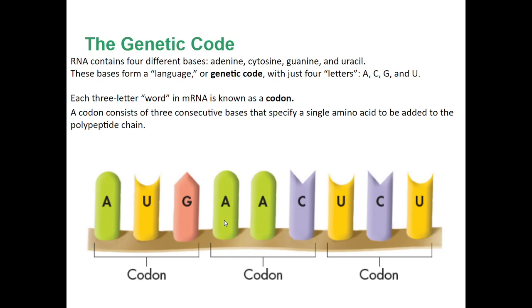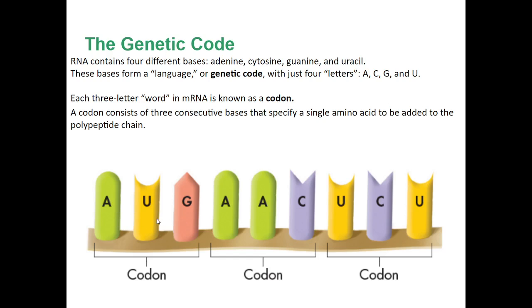So the messenger RNA, when it comes out, is going to be some multiple of 3. It has to be, like 3,000 nucleotides long. It can't be 3,001 because that's not a multiple of 3. So it comes in groups of 3s, and these are called codons.